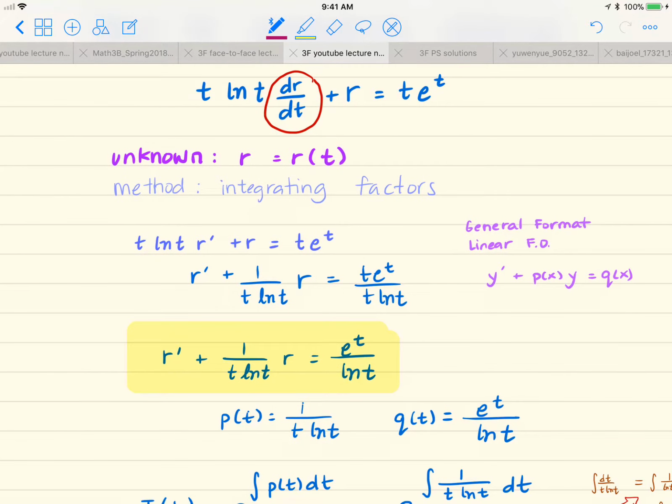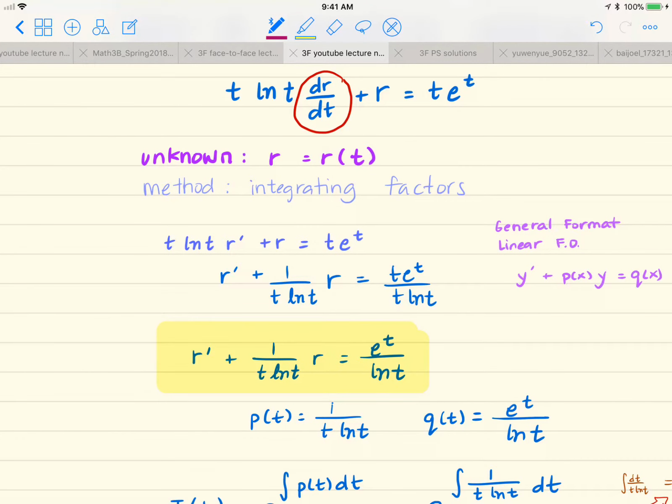The first thing we did was rewrite the given differential equation in the general format. So let's put that here.